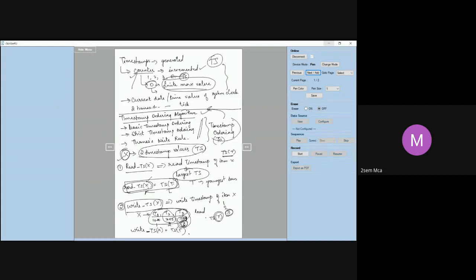As I told you in the beginning, it is a unique identifier which is assigned when the transaction is submitted to the system. I also told that timestamp can be thought of as a transaction start time. It is not the ending time.